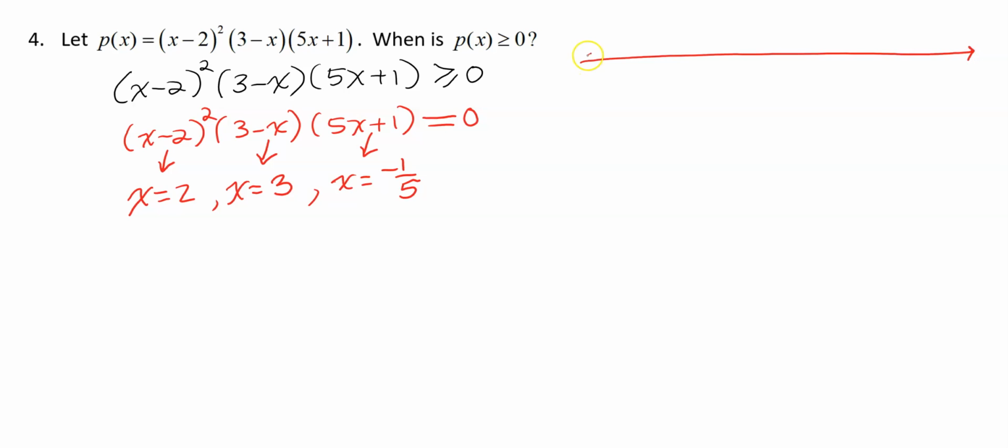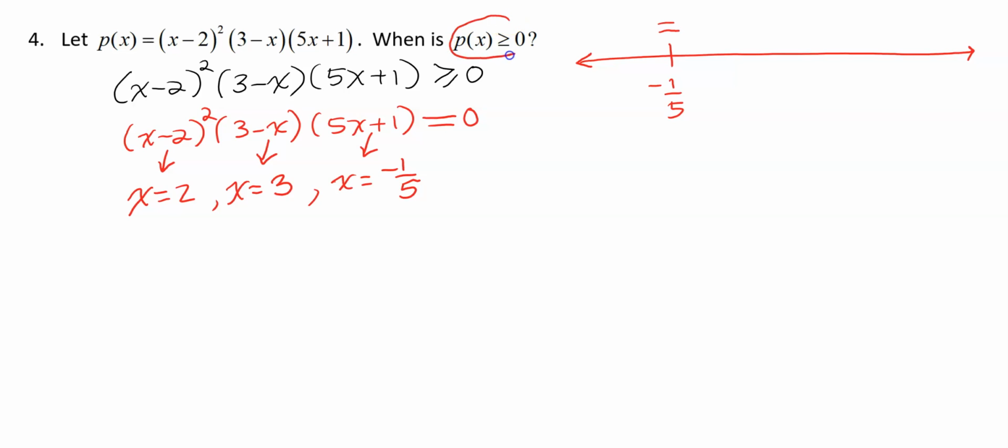Step 2 is to go ahead and put those on the number line. Now, in the previous video, we know we have to pay attention to our domain, right? The domain of a polynomial function is all real numbers, so we now consider all real numbers as our possible solutions. Here we would say negative 1 over 5. That is when the polynomial is equal to 0.